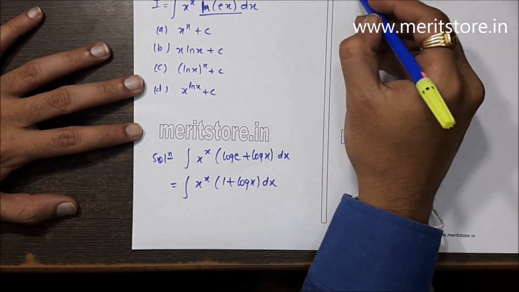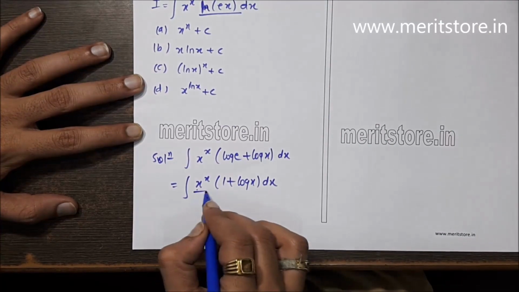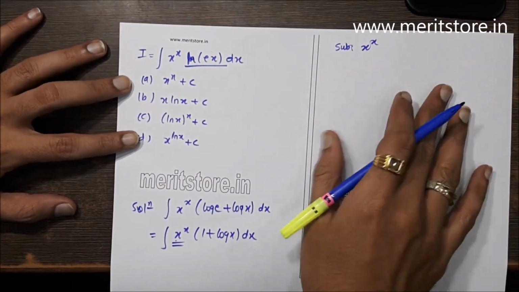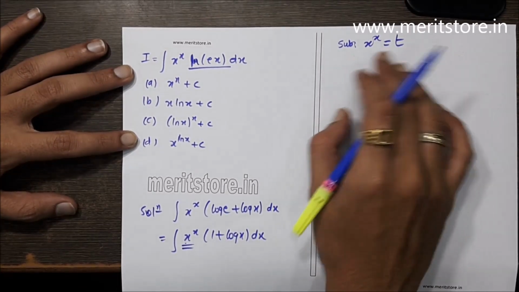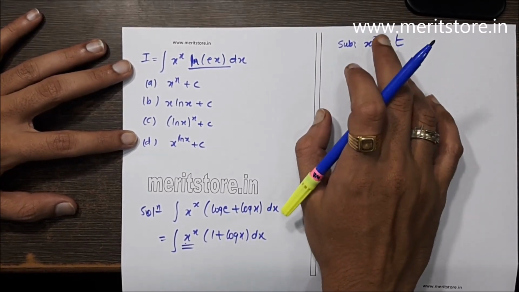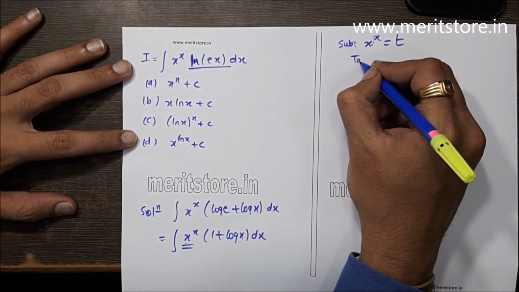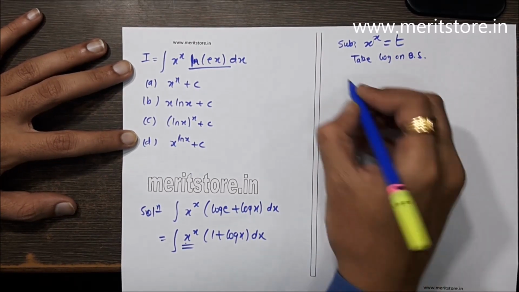To simplify further, we'll substitute x raised to x equals t. Now observe, this is of the category variable raised to variable. So we take log on both sides.